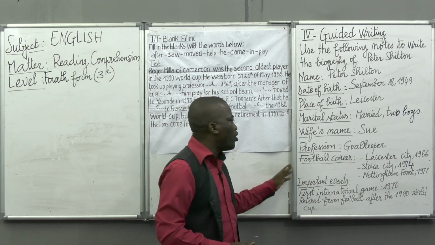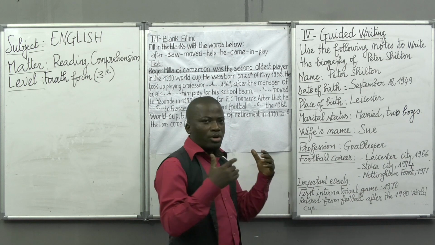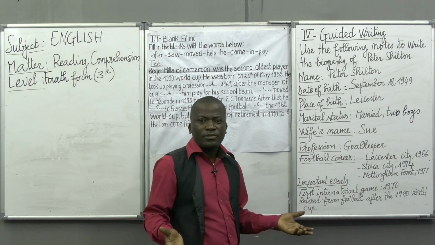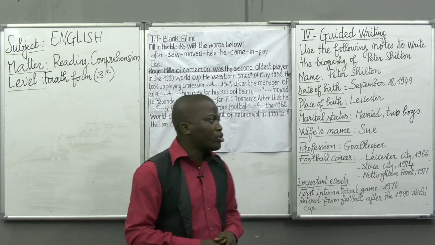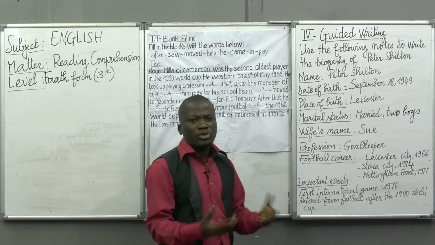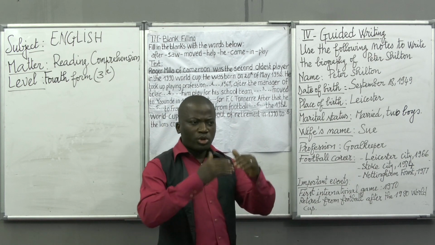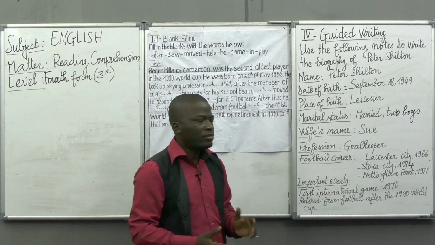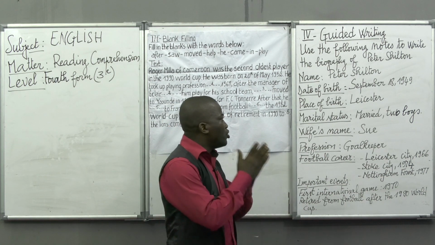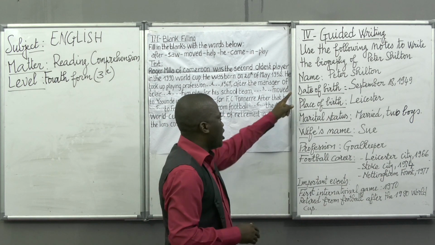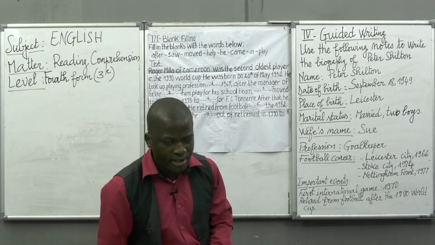This exercise may be talking about a musician, a president, or many other personalities. You write a biography talking about a person. Our concern today is about Peter Shilton: name, date of birth, and other things that I've already read.